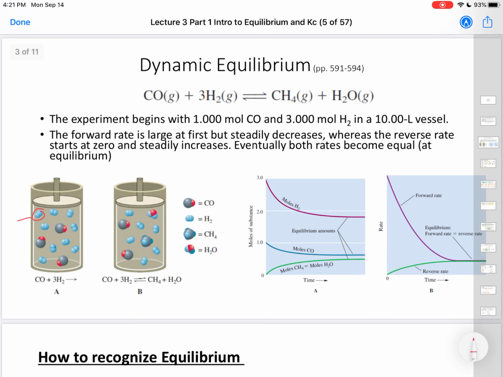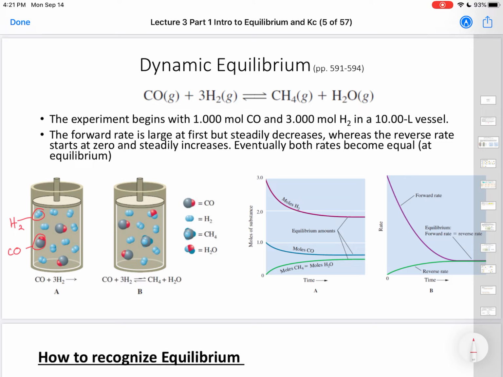This is your H2 gas, okay? And this is your CO gas, okay? And so at the beginning, all there is is CO and 3 H2, carbon monoxide and hydrogen gas.